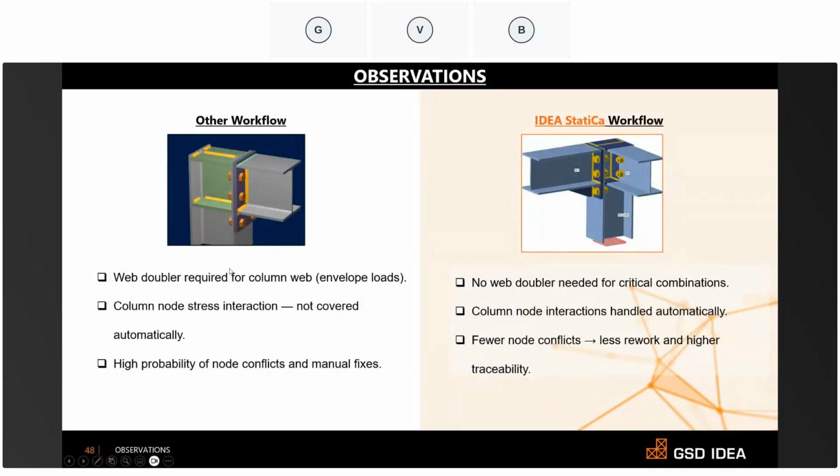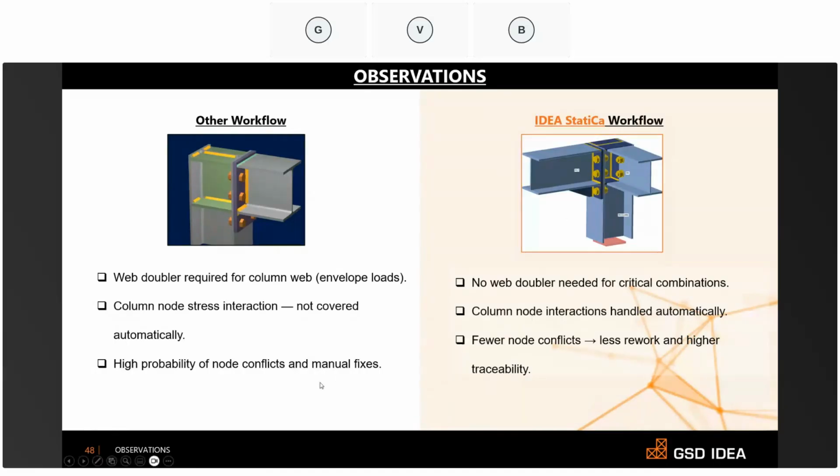So the interaction of stresses in the column node is not captured automatically. However, in IdeaStatica, you will be designing that as a node with all the members there itself. So the interaction of forces or stresses coming from all the members into that node is automatically taken care of, and that respective column will be checked for the interaction of stresses coming from all these members.